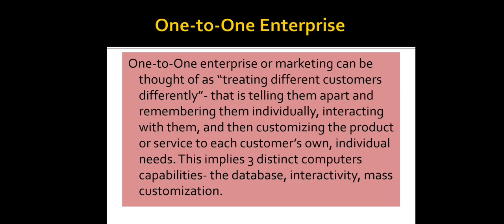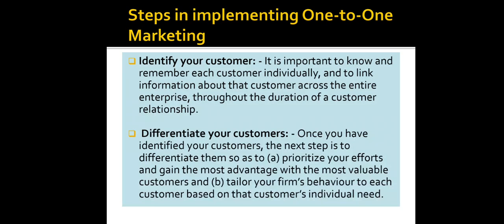And not only these, we have certain steps that help us in implementing the one-to-one marketing. Let's see those steps. The first one is identify your customer. See, it is important to know and remember each customer individually and to link information about that customer across the entire enterprise through the duration of a customer relationship.